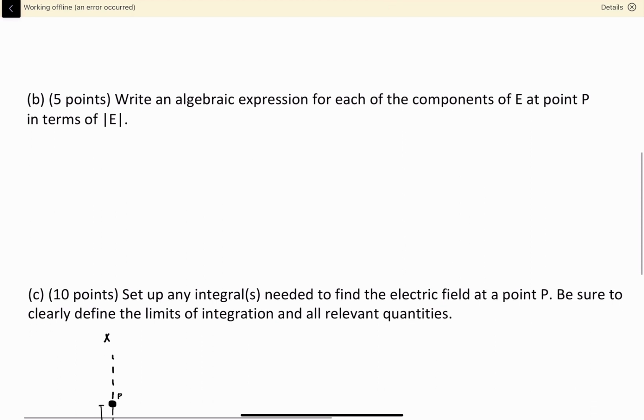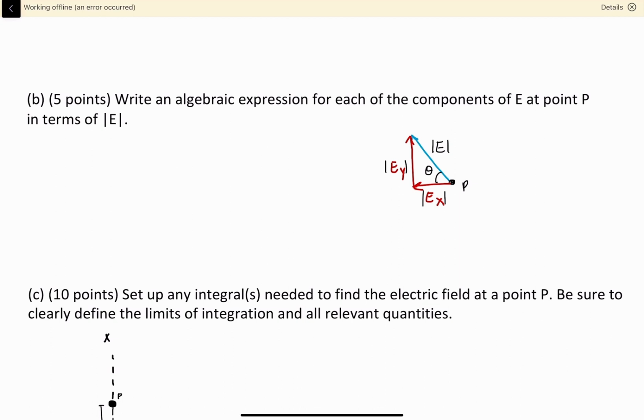For question B, we have to write an algebraic expression for each of the components. So since we already wrote this out, we have a y component, and we have an x component. And we can put magnitude signs here and see that we can find EY and EX using trig. So let's do sine first.